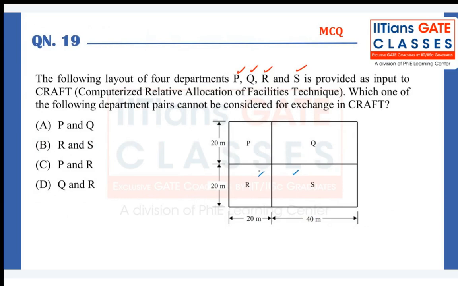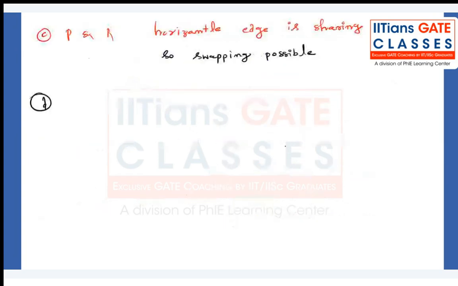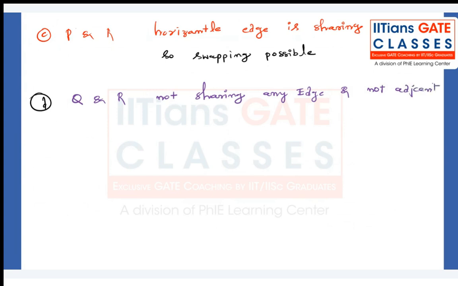Q and R are not sharing any edge, and also they are not adjacent in the layout. Then swapping is not possible.